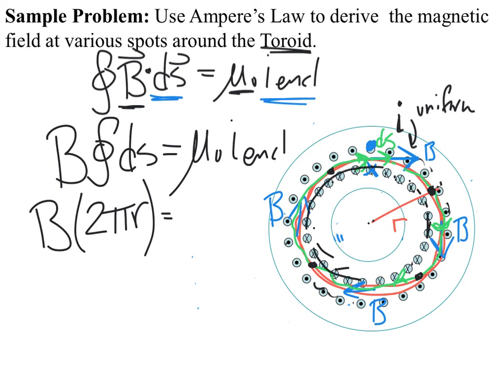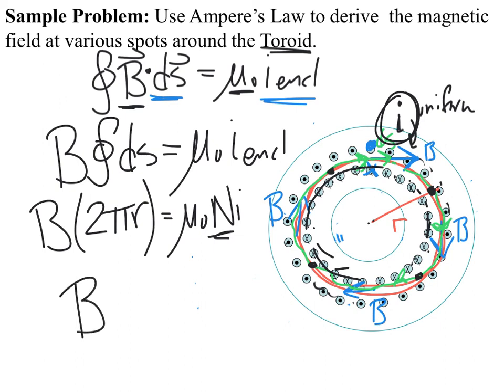So I'm just going to call that N, because I know each of these carries the same uniform amount of current. And if I just know how many wires there are in this toroid, I'm going to multiply that number in there. And now the magnitude of our magnetic field is just our magnetic permeability times the number of loops times our current, over 2 pi r.